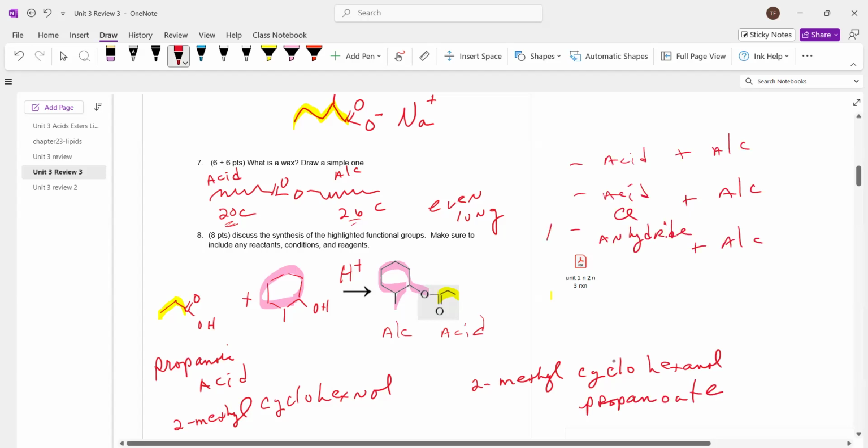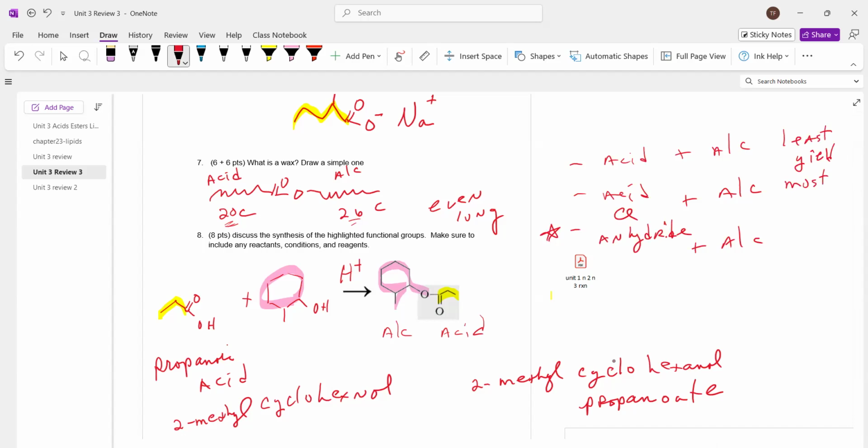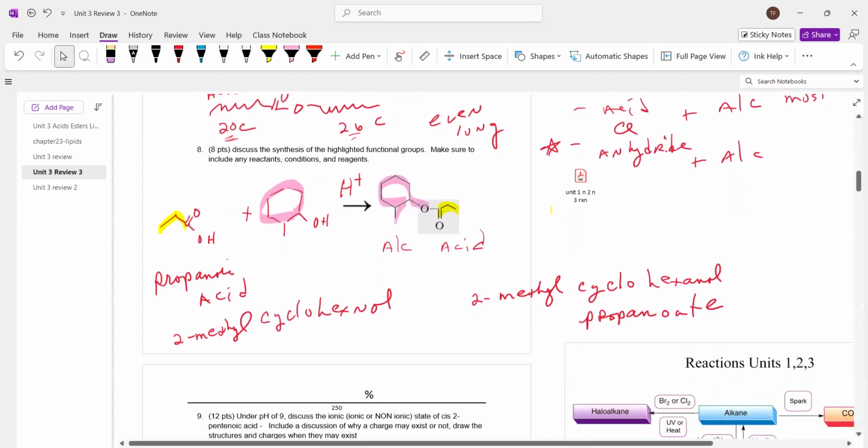The acid chloride is usually the preferred way. This gives the most yield. And the anhydride gives you an intermediate yield, but it's got the best shelf life. The acid chloride is very unstable. That's why you get such a good yield. But because it's so unstable, its shelf life is very short. And because of that, it's very expensive.